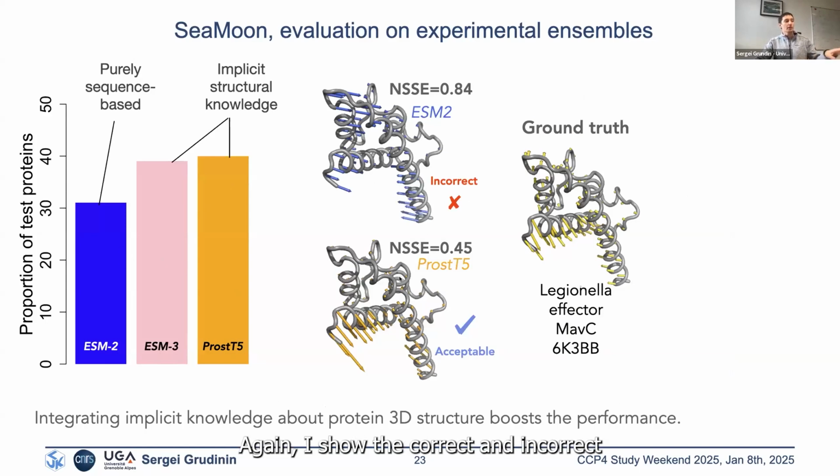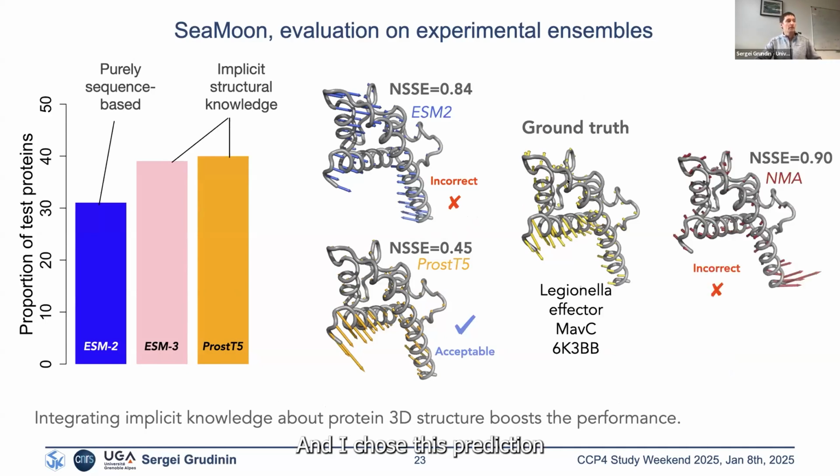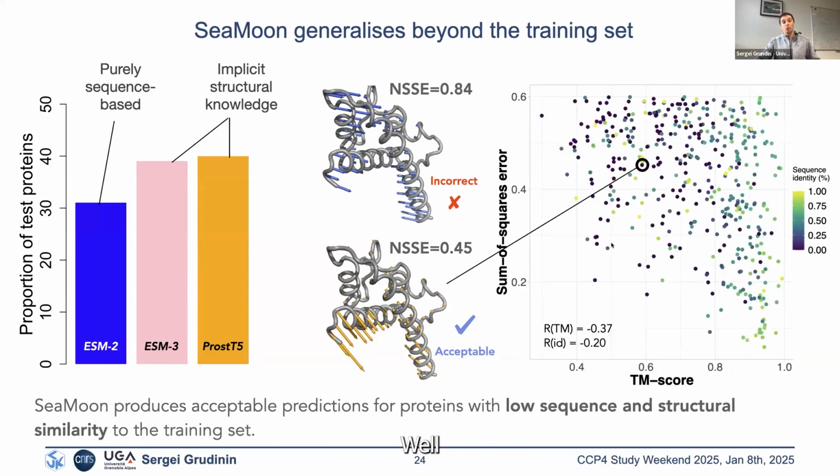Again, I show the correct and incorrect predictions on the right, and I can also show you the normal mode analysis prediction for this protein, which is incorrect. We can also see that our model generalizes well over low structural and sequence identity.